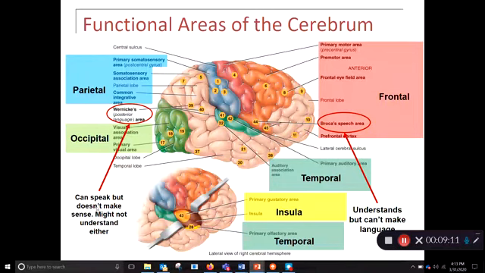So for instance, you could say a phrase of, I'm glad Penguin is eating nails. And what they're really trying to say is, please pass the salt. Now, if this area inside the temporal lobe is messed up as well, they might be able to speak, but they don't understand what's going on.